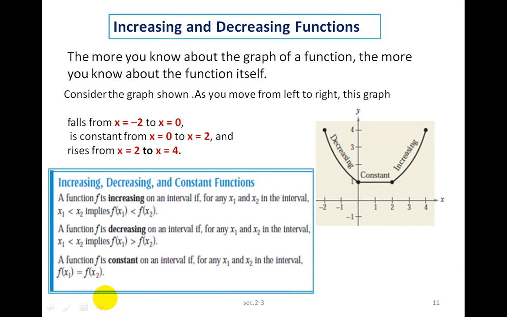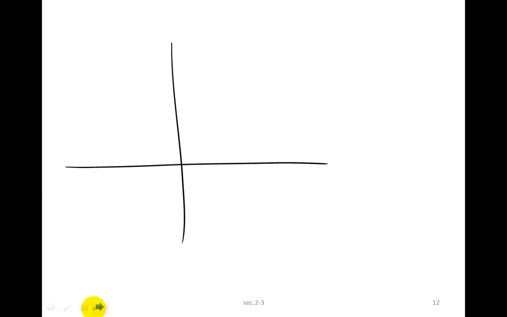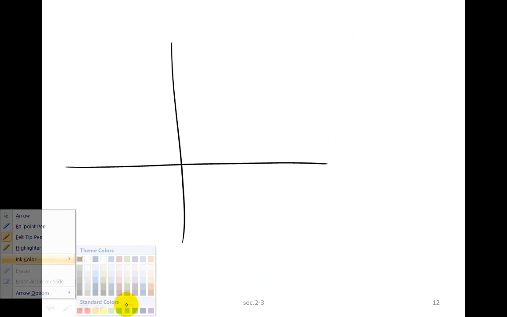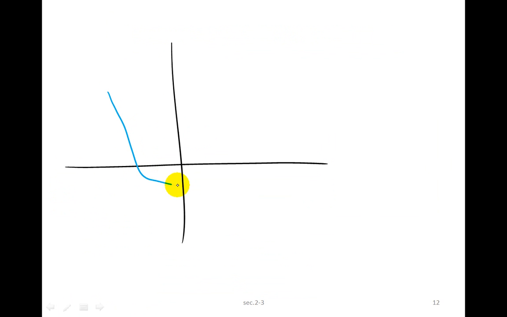Now, let's talk about the idea of decreasing, constant, and increasing functions. You can read these notes by yourself later. Anyway, we're going to say that a function is decreasing if you have a graph. This is your graph, and let's say that you have this graph.